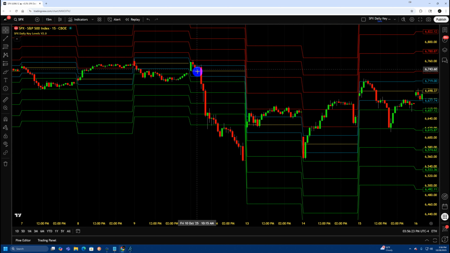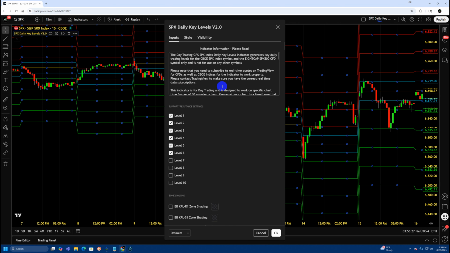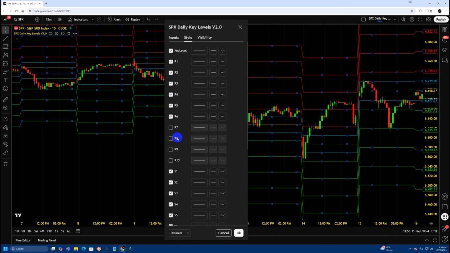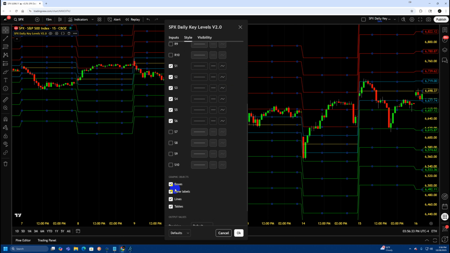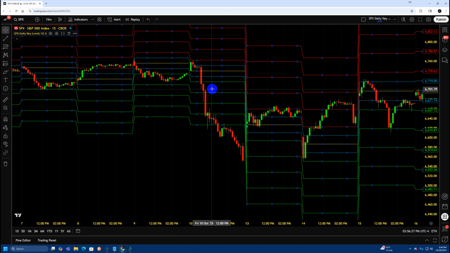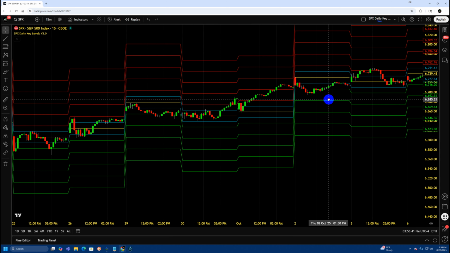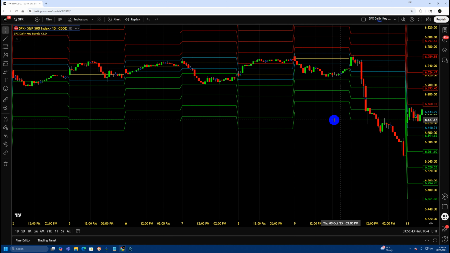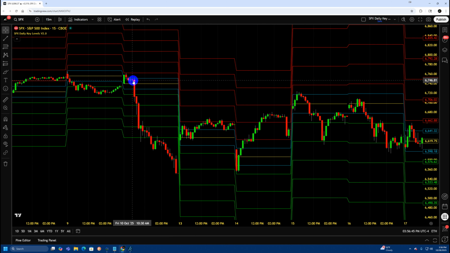If you wanted to see something like that, you would go back to the user control panel and turn on the other levels, and then go in the style section and turn on the other levels as well, so you could see all the levels that it went down to on this particular day.